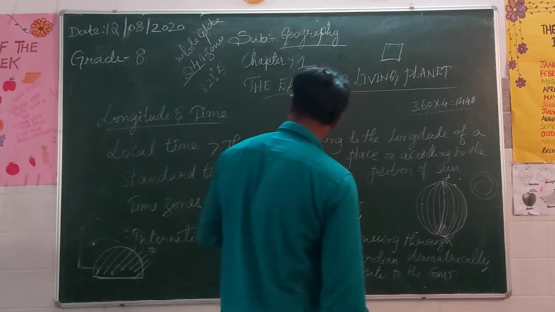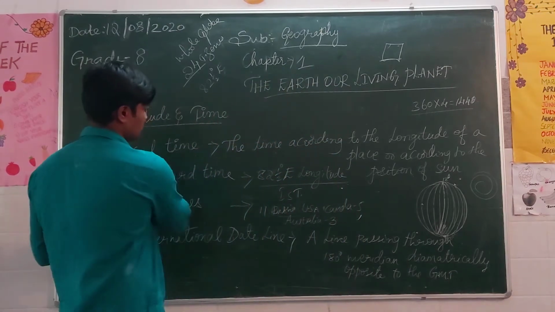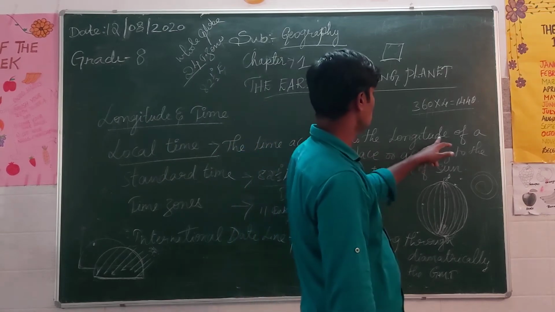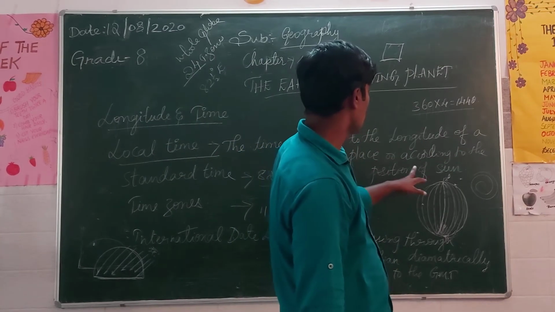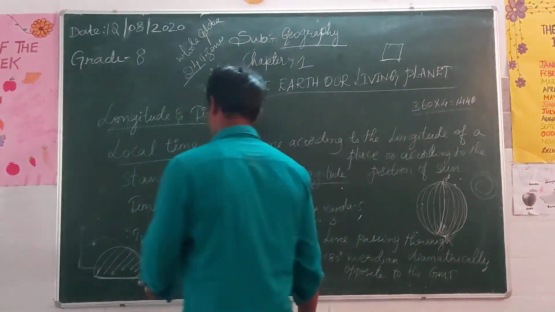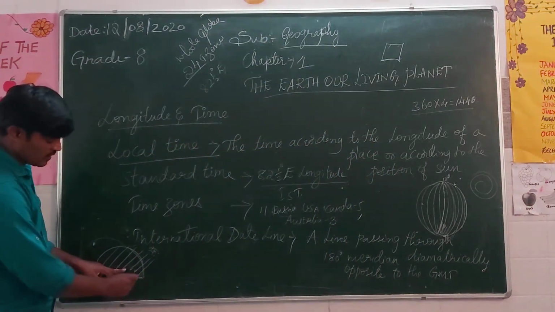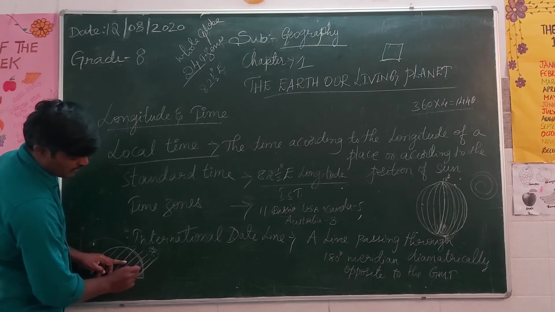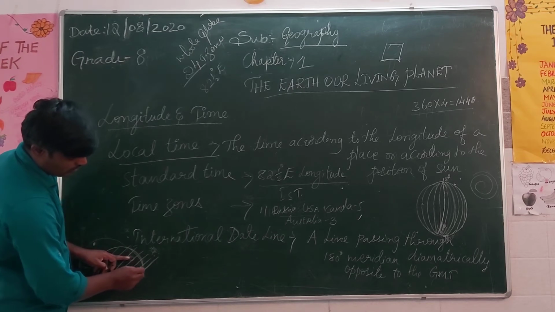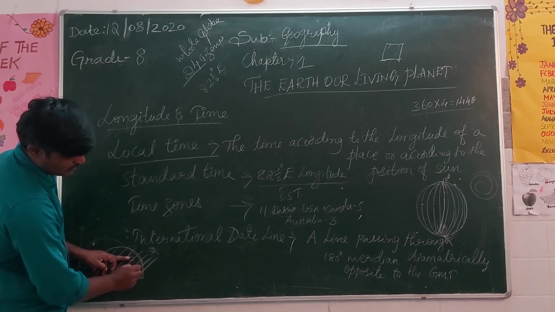Now let us understand local time. What is local time? It is the time according to the longitude of a place, or according to the position of the sun. Look at the diagram. For example, Bangalore is located here and Delhi is located here. What is the time difference?